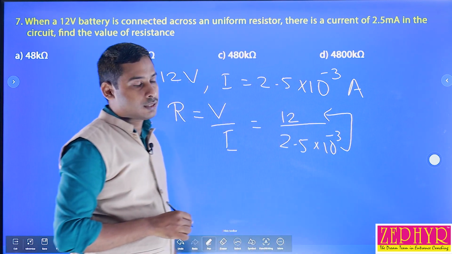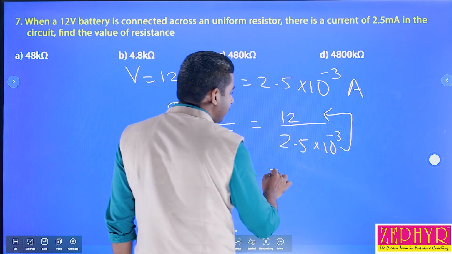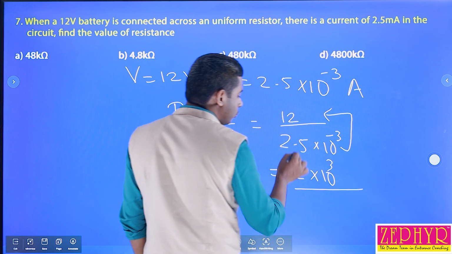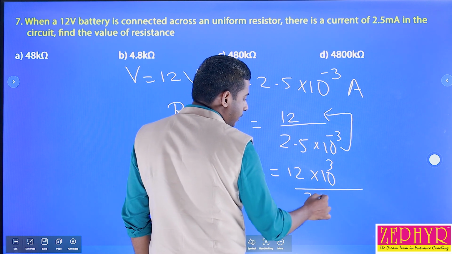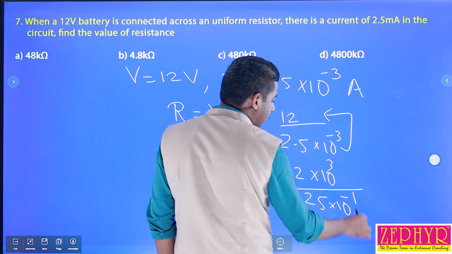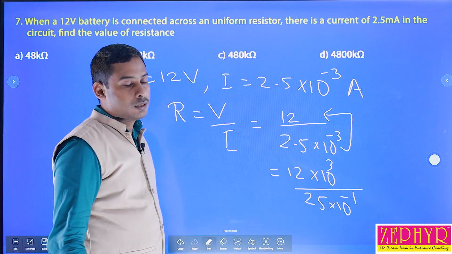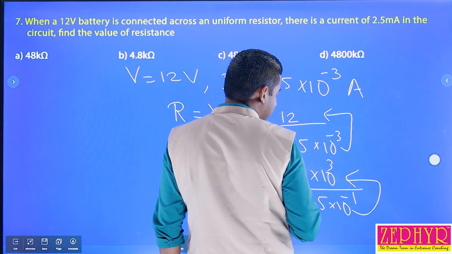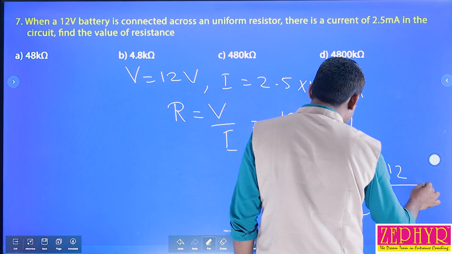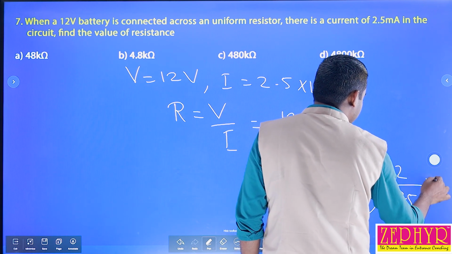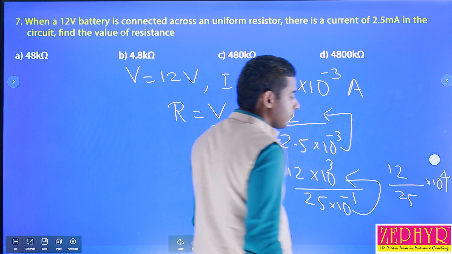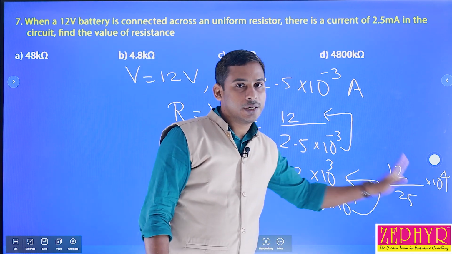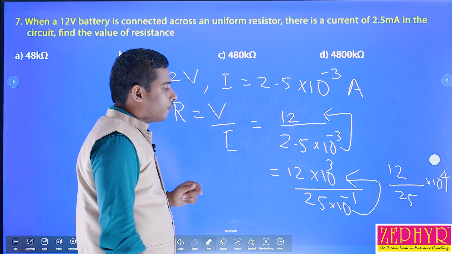That means 12 into 10 cube divided by 2.5, we can take it as 25 into 10 raised to minus 1. That means 10 raised to minus 1 will come again to the upside, that is 12 divided by 25 into 10 raised to 4.